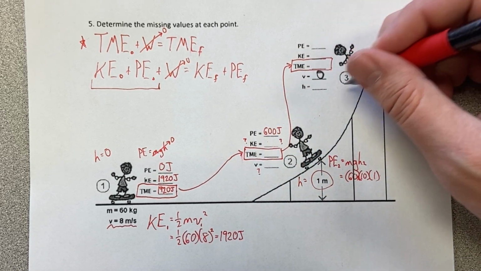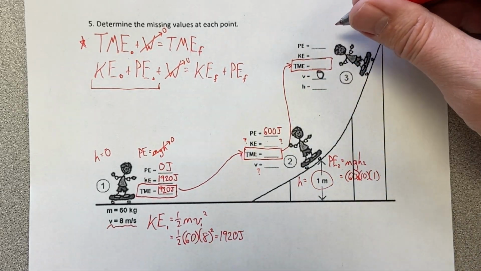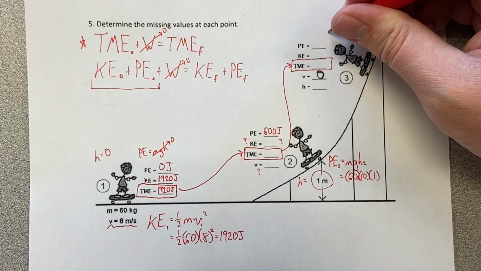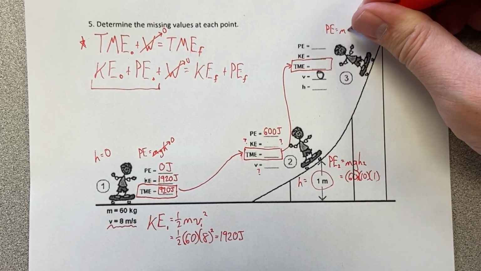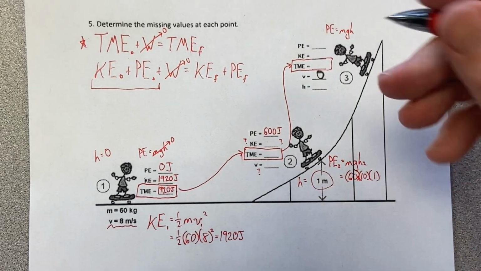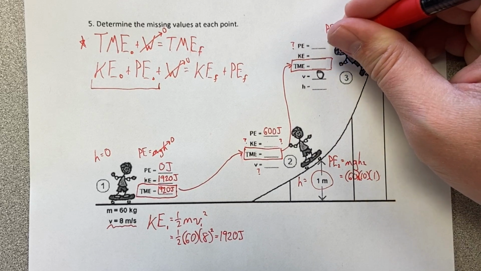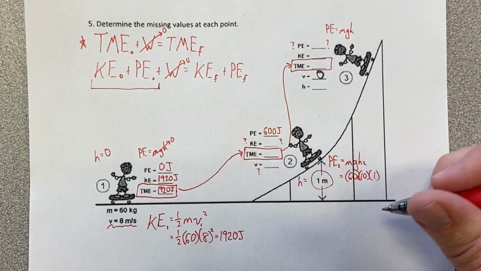Let's finish out going through our audit. So if I look at point 3, do we have potential energy here? And the answer is yes, because we have height, except I don't know the height. So I know the potential energy isn't 0, but I don't know what the number is. Do we have kinetic energy?